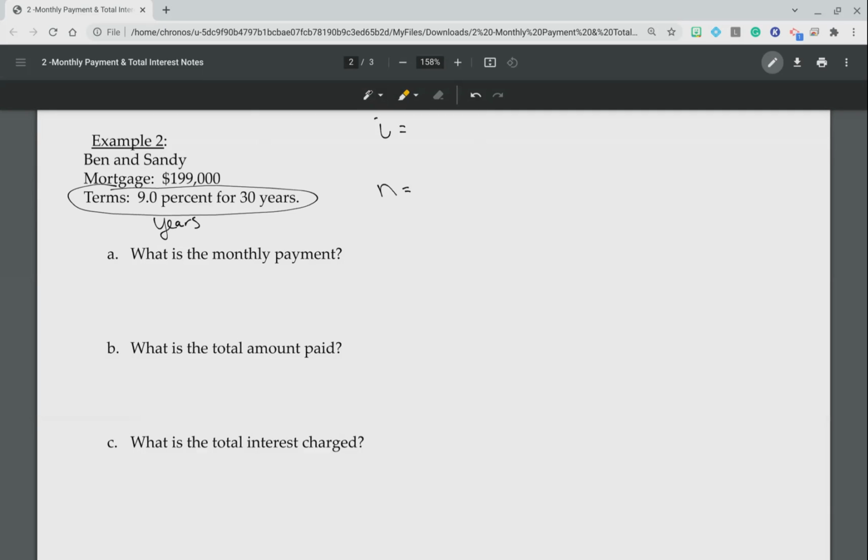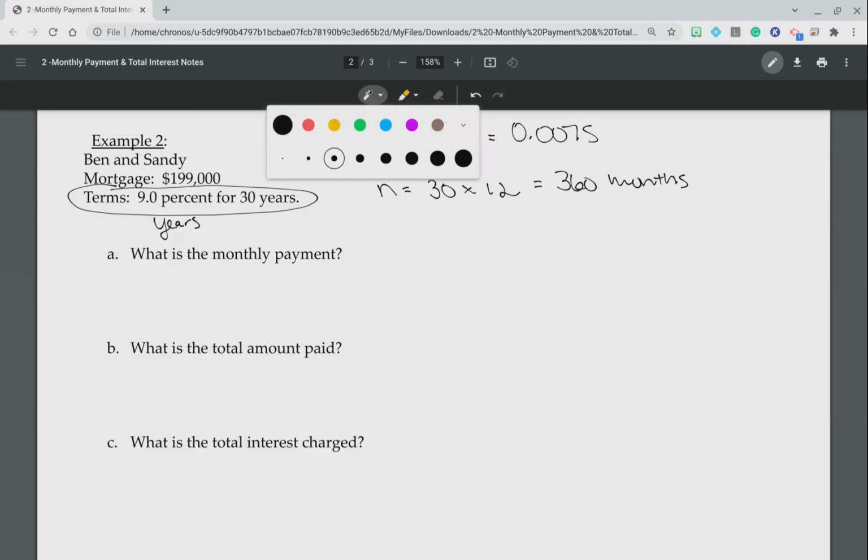So I'm going to take my percentage, just like I did before, and divide it by 12 to figure out how much interest I'm paying in 1 month. Okay, and that's going to be 0.0075. Then to find my N, just like before, I'm going to take the 30 years, multiply it by 12 to convert it to months, and my N is going to be 360 months.